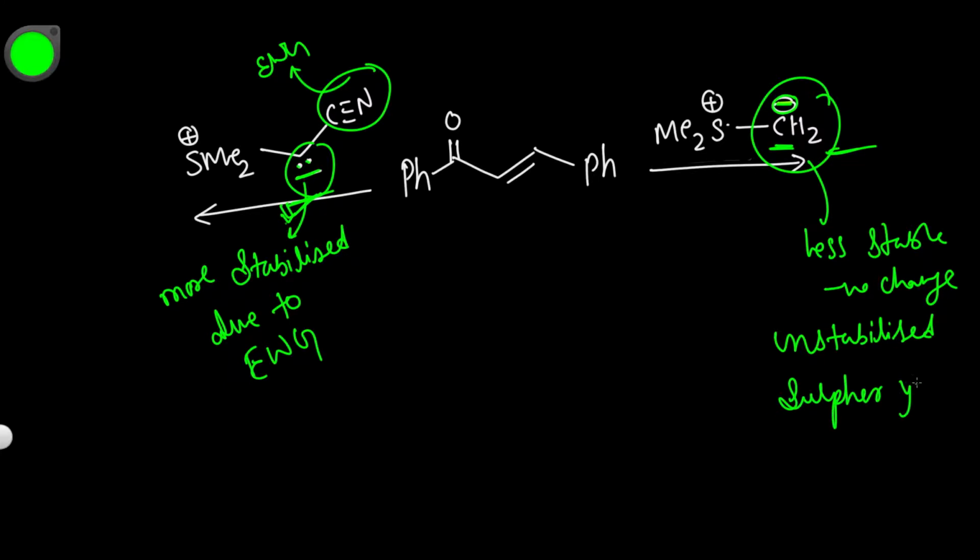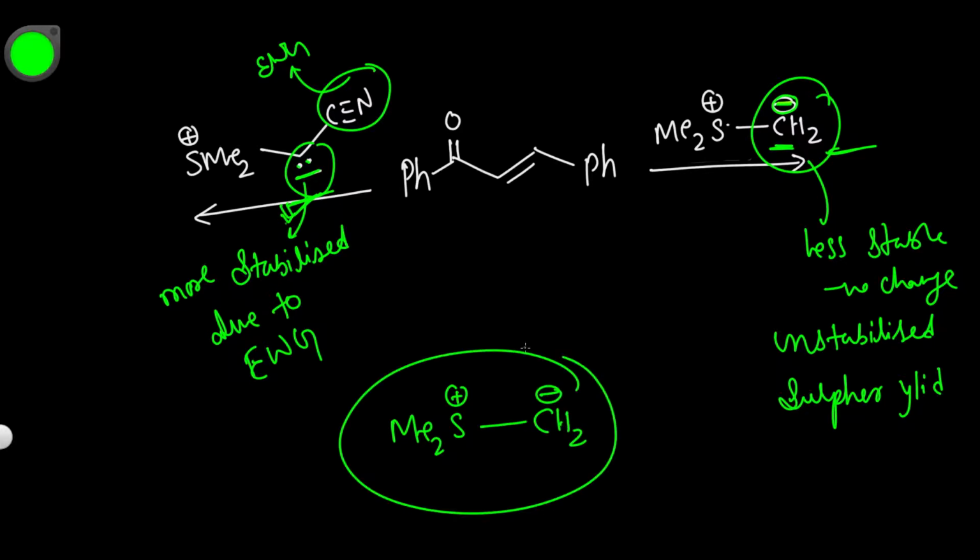I think you all know this: like Me2S plus, and if you have something like this, then this molecule is called an ylide, a sulfur ylide. This is called a sulfur ylide. So now what will happen?